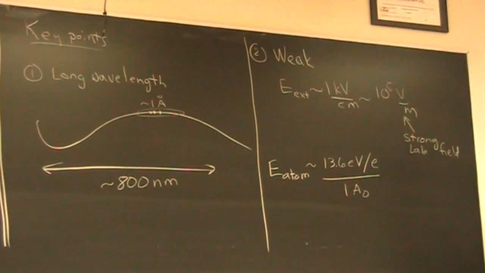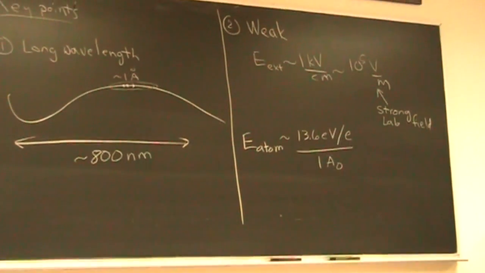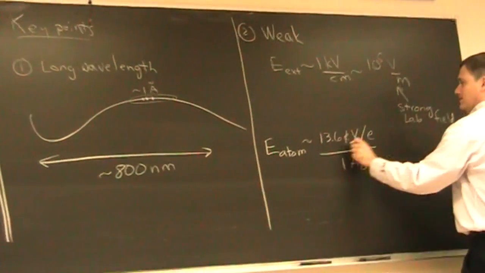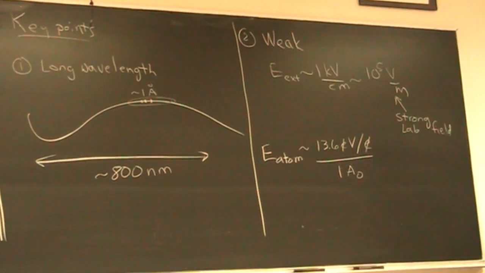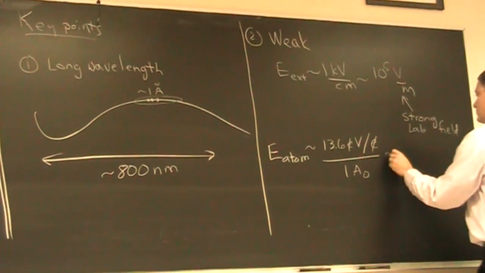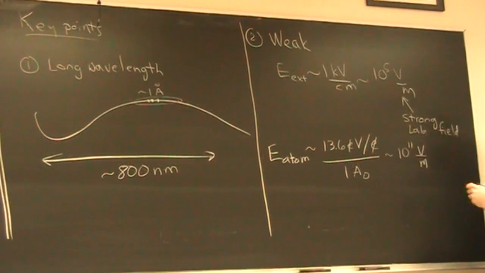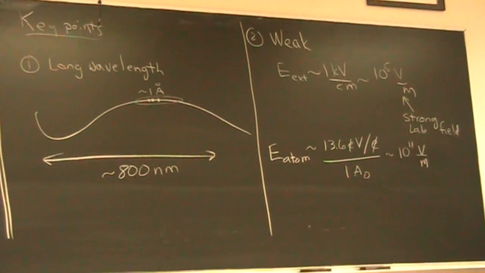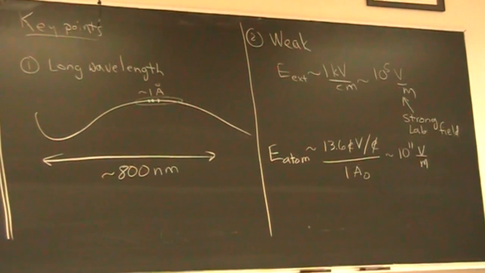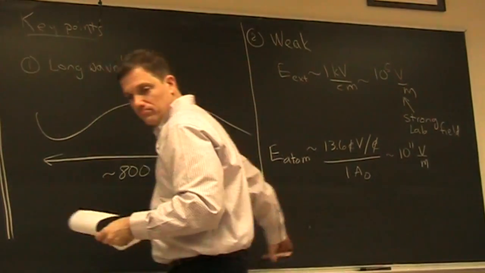So the typical volt per meter is 13.6 eV per charge. These cancel, so you get 13.6 volts per angstrom, which is 10 to the 11 volts per meter. So typical atomic fields are vastly larger than what we're talking about. So you're going to use that as an expansion parameter when you start to think about the type of currents.